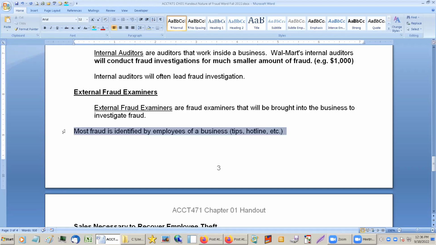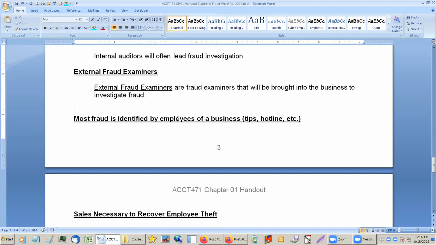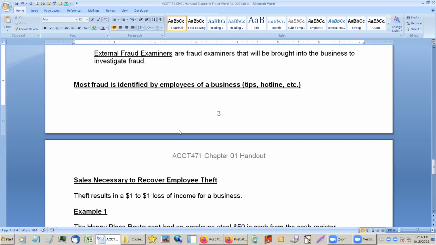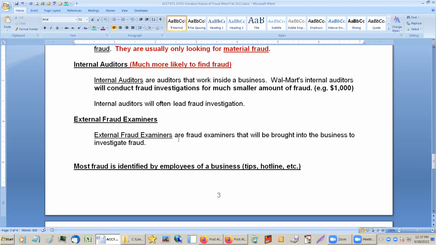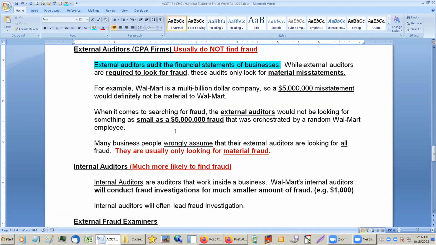Most fraud is identified by employees of the business. And we're going to get into, if someone's creating a fraud, they oftentimes will have lifestyle changes that may not be apparent to any of these people, who didn't know them.